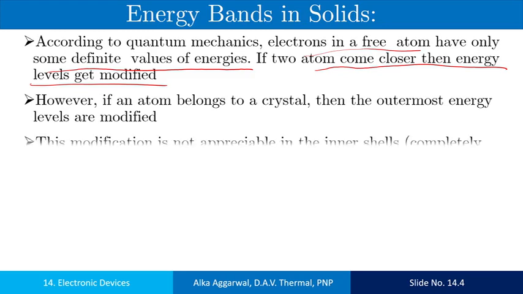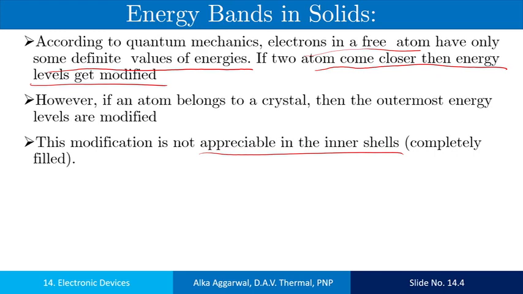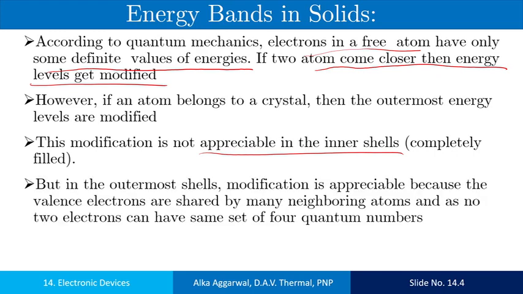The splitting, however, is not appreciable in inner shells as they are completely filled. But in the outermost shells, that is in the valence shells, modification is appreciable because valence electrons are shared by many neighboring atoms.